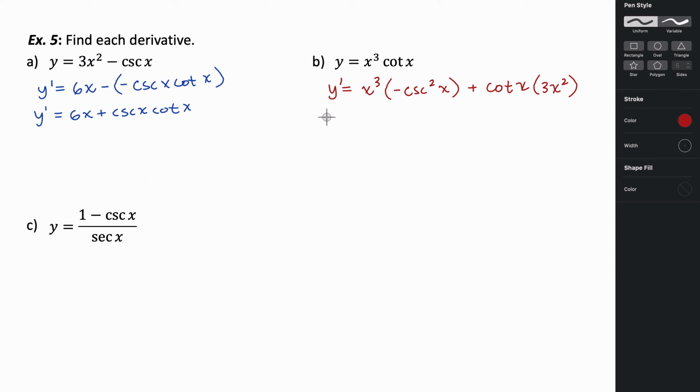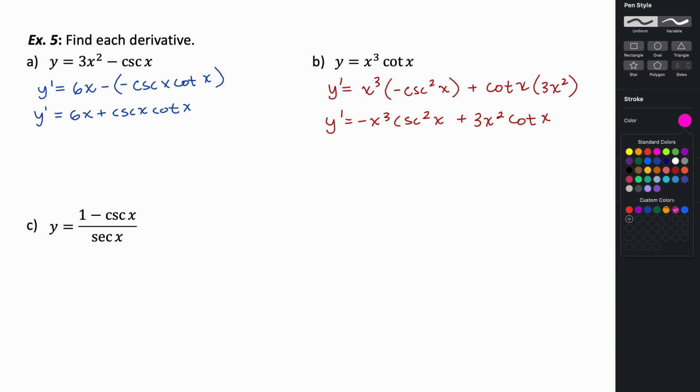Oh, that's y prime, sorry. So y prime would be negative x cubed times the cosecant squared of x, and then plus 3x squared cotangent of x. So that would be the derivative here.